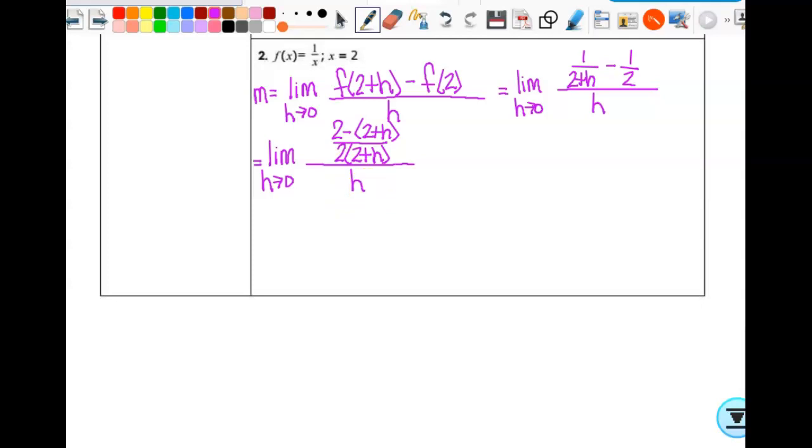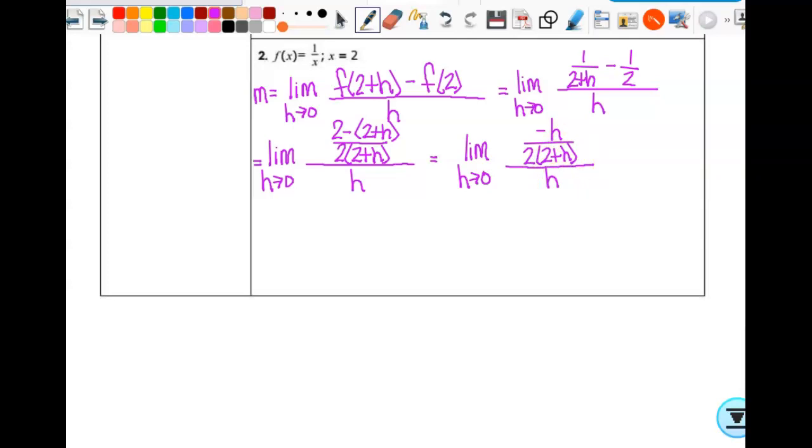And the calculator is not going to help you any with fractions here. So I'm going to clean up the numerator. The limit as h approaches 0 of, so 2 minus 2, so in the numerator of the numerator, the 2 minus 2 zeros out. What does that leave me for the numerator? Negative h over 2 times 2 plus h over h.